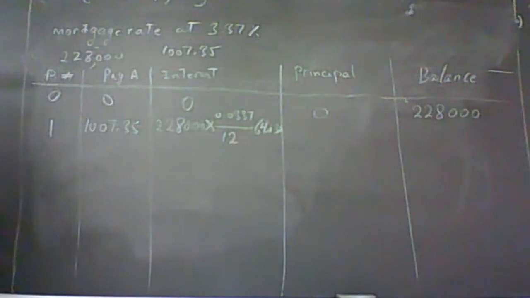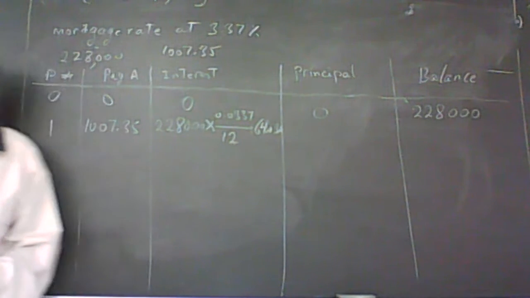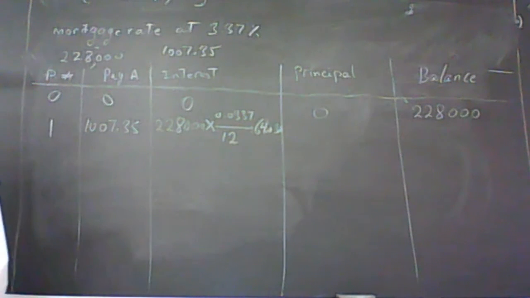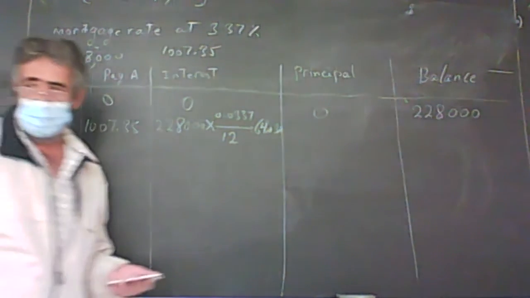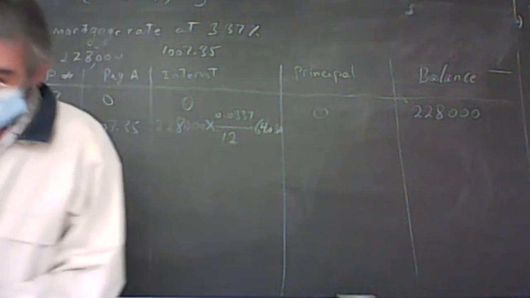So that is what you paid for interest on the first month. If you're doing it on a weekly basis, then you will divide by 52.